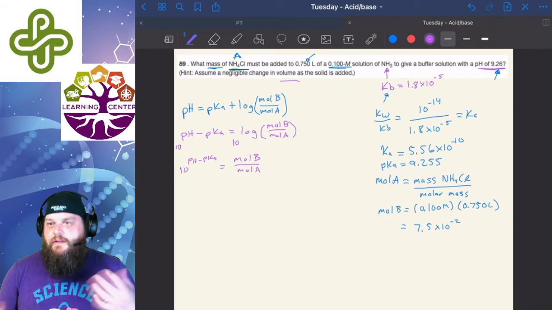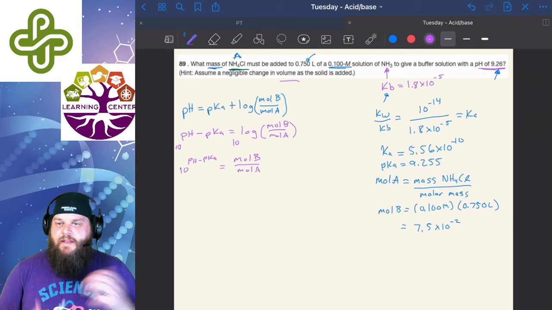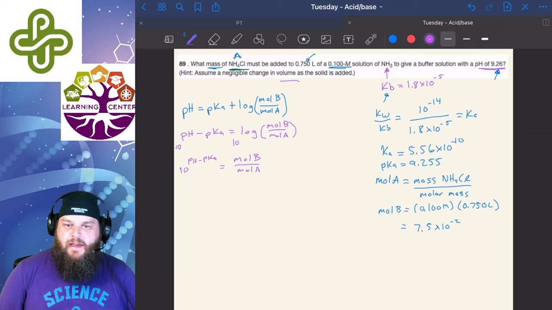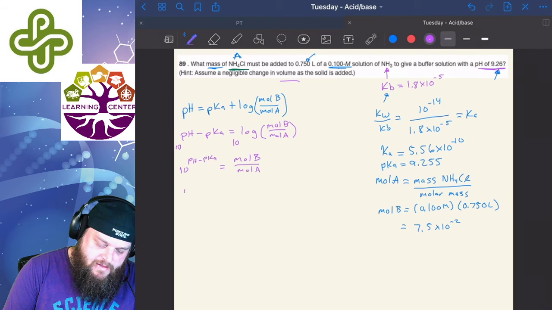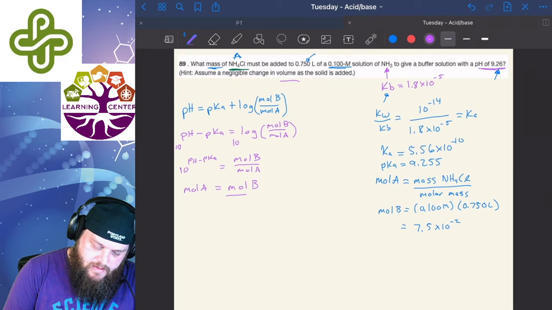Then I can essentially swap the mole of acid and that 10 to the power of pH minus pKa. Really, I'm multiplying by a fraction on both sides, but I get the mole of acid is equal to the mole of base divided by 10 to the power of pH minus pKa.